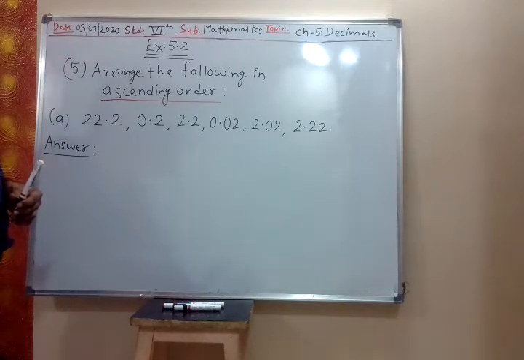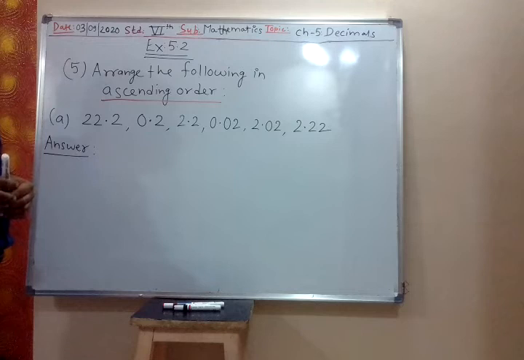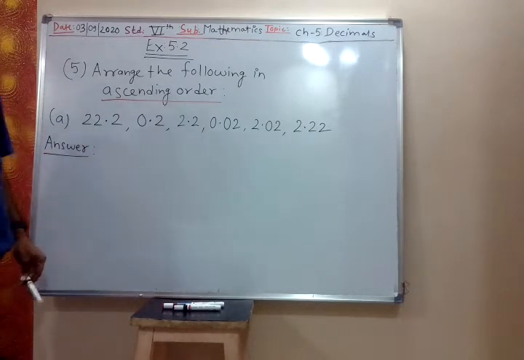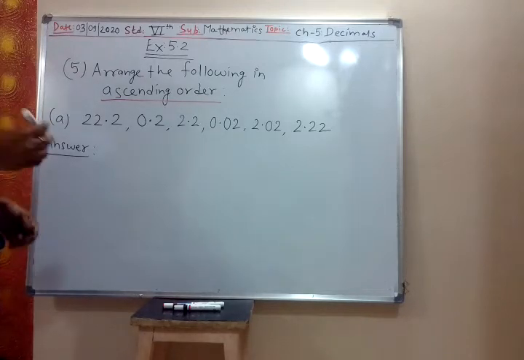We are interested in the digits after the point, not before the point. So before arranging the numbers in ascending or descending order, we convert them into like decimals.